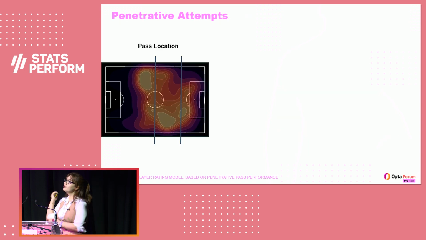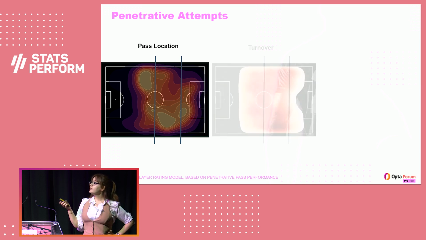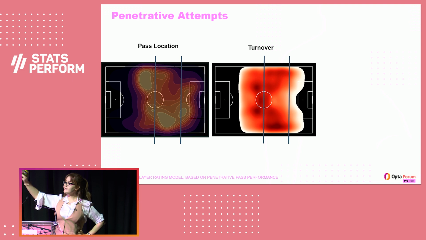Now, if we show what happened for the penetrative passes, where they were successful and where they created the most value, we analyzed that it happened mostly in the own half and in the midfield. On the other side, the turnover analysis showed that the darker red you can see in this figure, the higher the chance of turnover in this situation.